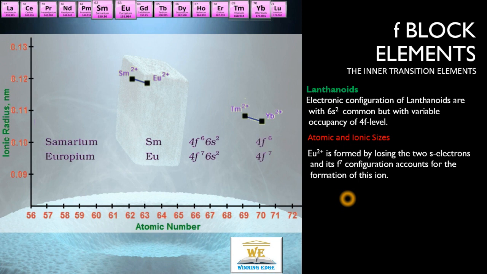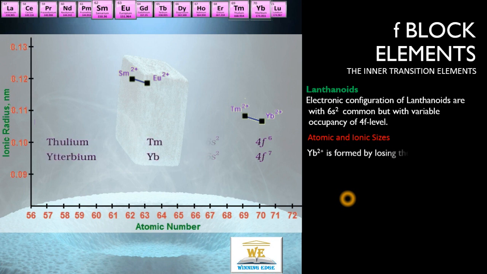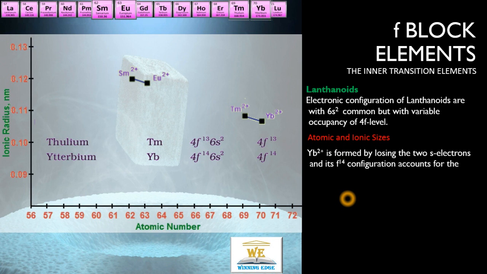But for samarium, we have in 4f6, 1 electron short of half-filled. Similarly, ytterbium will have a fully filled f orbital. That is the reason for the stability of ytterbium 2 positive.